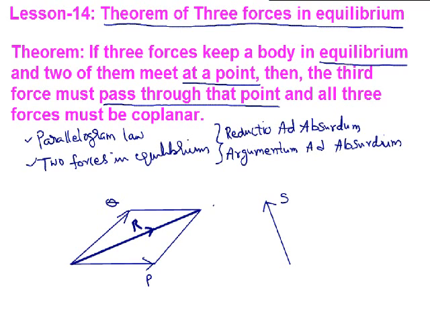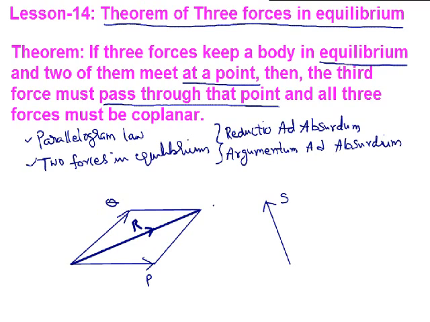Once we find the resultant R, we know that the resultant produces the same effect as the forces P and Q. So if P, Q together with S are keeping a body in equilibrium, then R and S will also keep the body in equilibrium by definition.